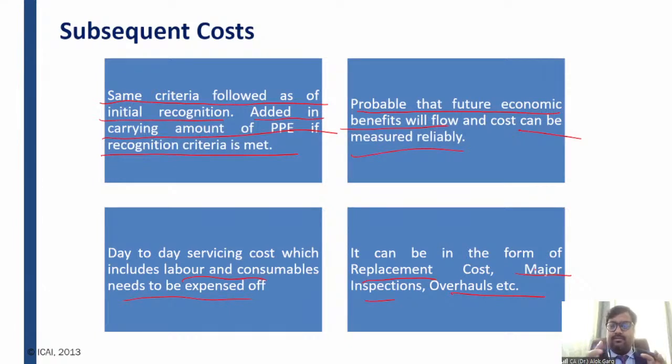So this is 40,000 versus 25 lakh. This is not a major replacement, right? So this can be charged off as a repair and maintenance cost. But if you have replaced the engine, of course it will carry a huge cost like 5 lakh or 6 lakh rupees. So it is a major replacement, a major overhaul. So this has to be capitalized.